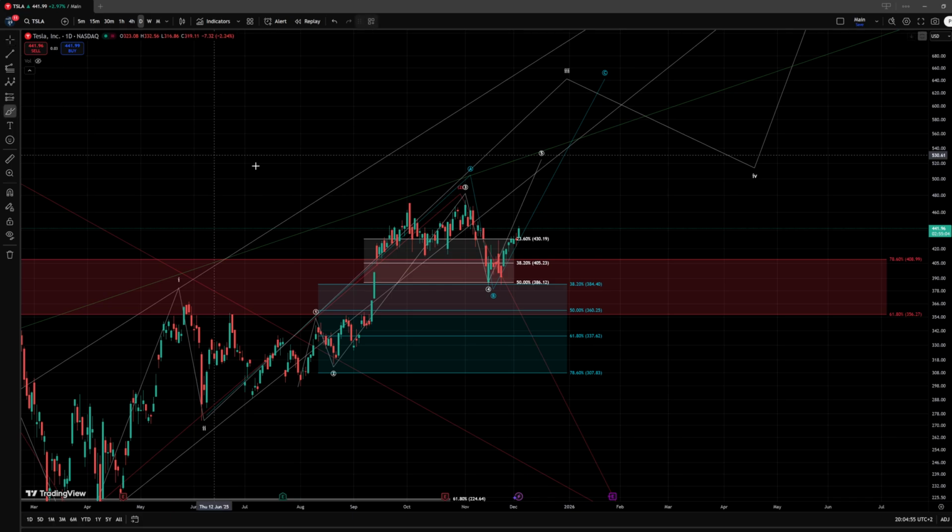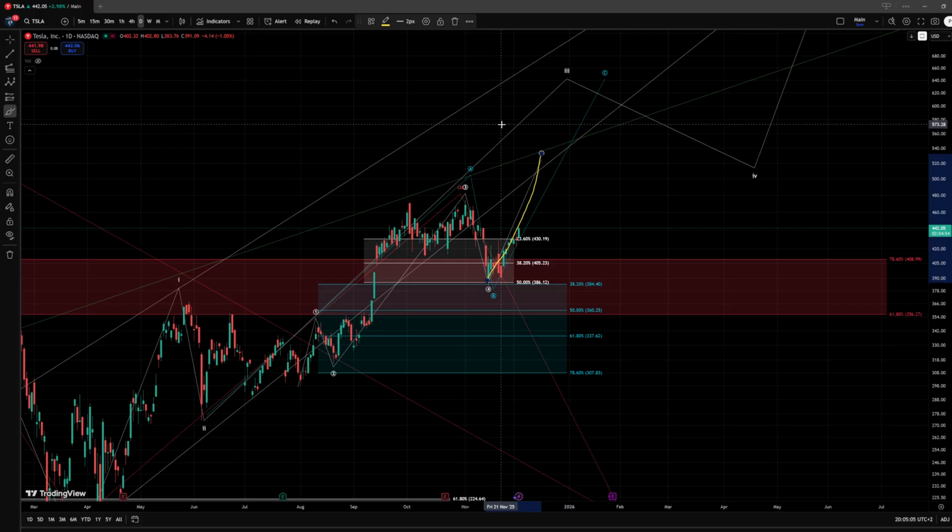Now within this wave C, I would have certain expectations, and I would like to see a stronger movement than I would expect within this internal fifth wave in white. But in the end, it might end up being a lot more difficult to tell than necessarily expected, and we will need to be a little bit more patient to get some more evidence depending on which structure is unfolding.